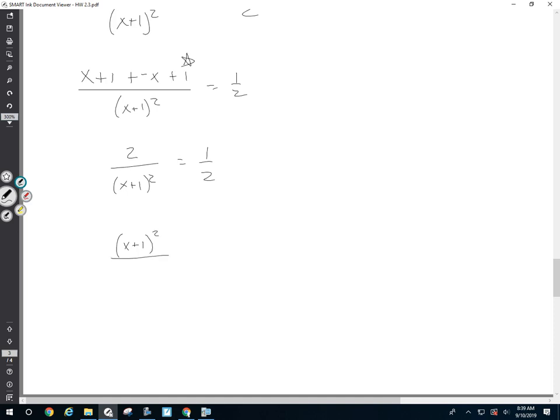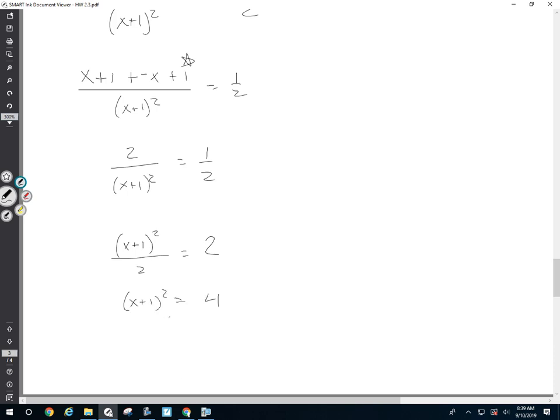This is the same as cross multiplying. I don't like to use the term cross multiplying because sometimes students do it when fractions are supposed to be multiplied together, straight across. So it's an equation. Let's just solve the equation. You're allowed to take the reciprocal of both sides. Boom. I'm allowed to multiply by 2.